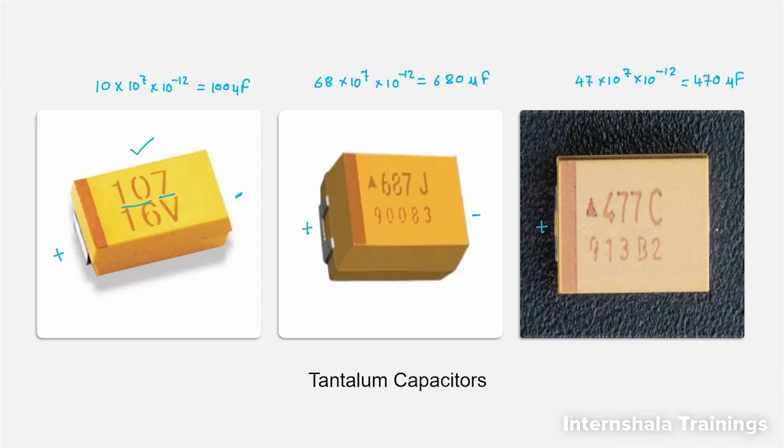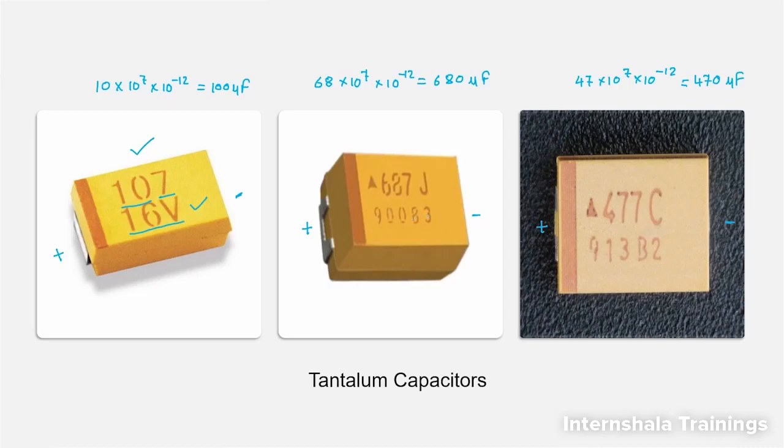This one is the positive terminal and this one is the negative terminal. And you will observe one thing here: not every time is the voltage rating written on top of the tantalum capacitor. For example, on this capacitor the voltage rating is given. However, in the case of this tantalum capacitor and this one, the voltage rating is not given.